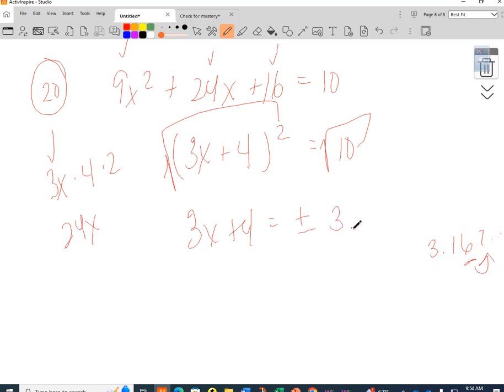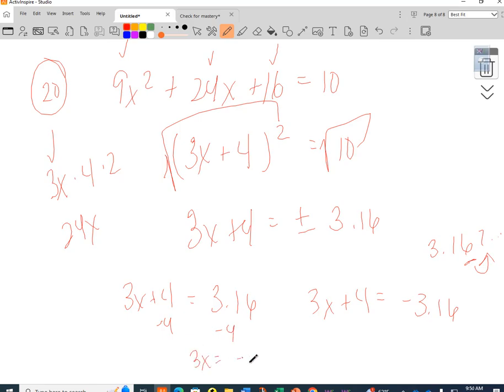So we're going to add and subtract 3.16. Does that make sense? So now we have two equations, because 3x plus 4 is equal to two different numbers, right? It's going to be equal to a positive 3.16 and a negative 3.16. Okay? And we're going to subtract 4.